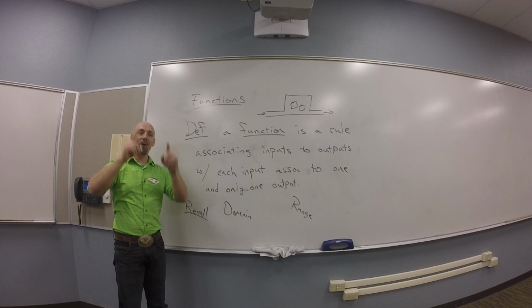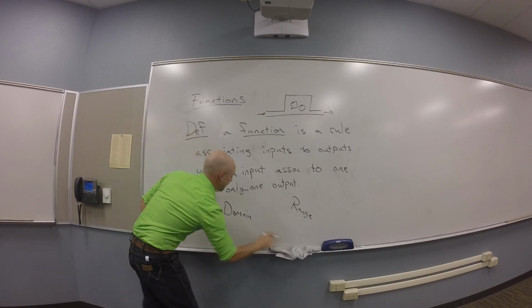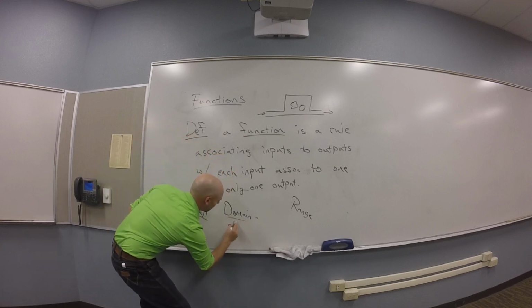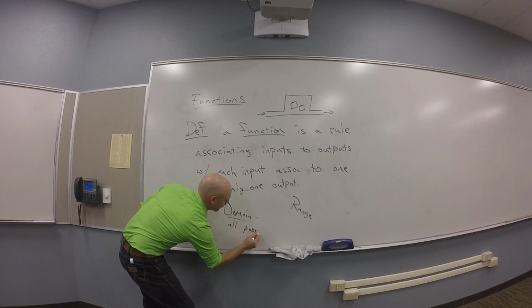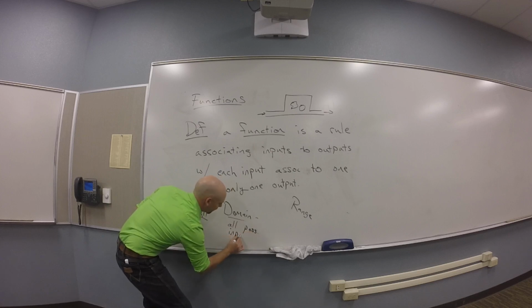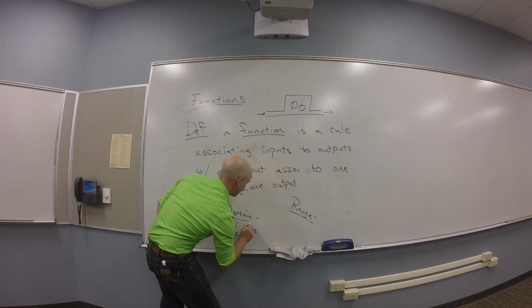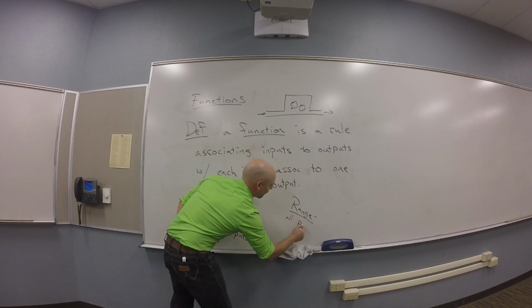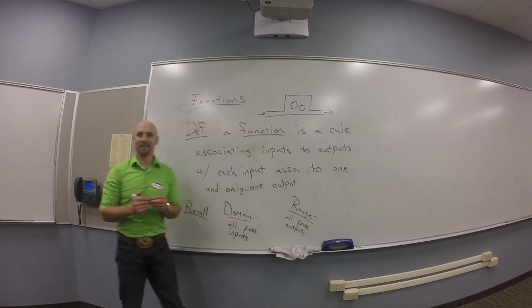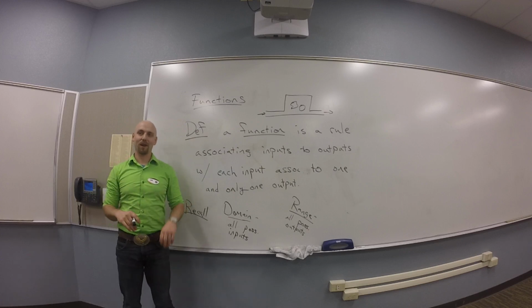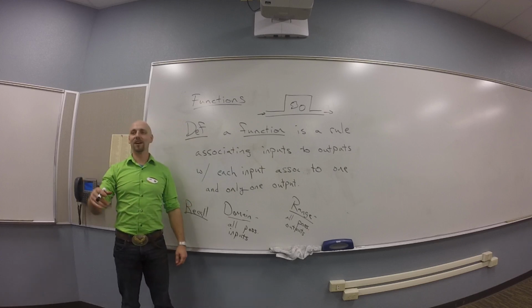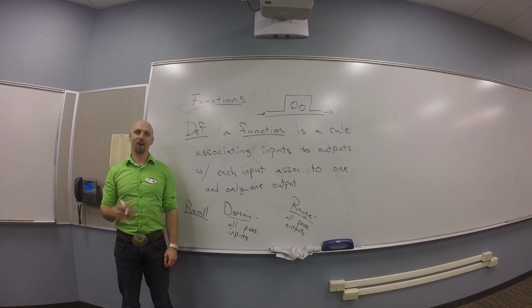The domain is all possible inputs, and the range is all possible outputs. And I'm lying to you just a little with that. Don't sweat it for now. When you take linear algebra, we'll talk about exactly where that is.